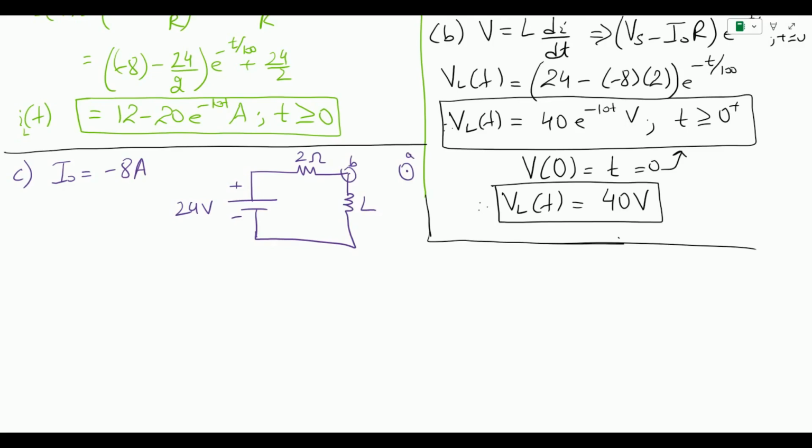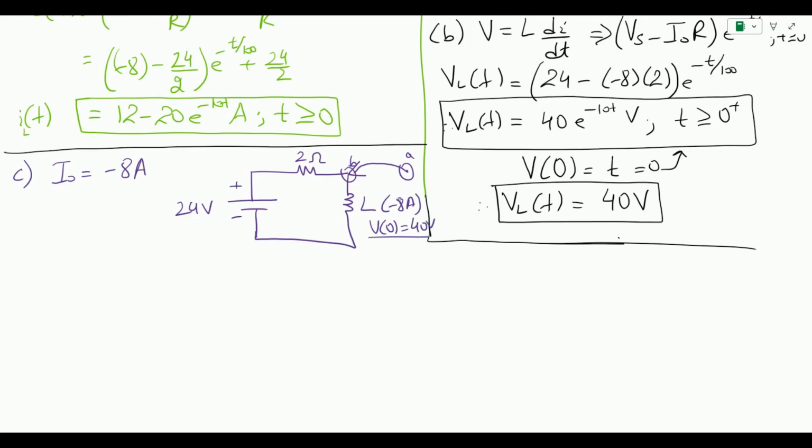The moment we switched from A to B, the current flowing through the inductor was minus 8 amps, and later on this changed to 12 amps as we saw previously. But when the current was minus 8 amps, the initial voltage came out to be 40 volts.